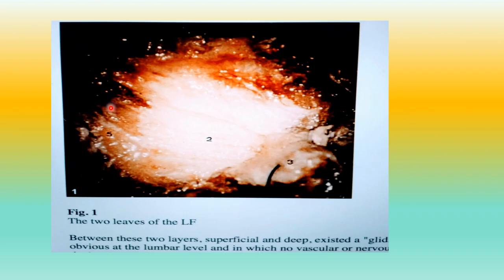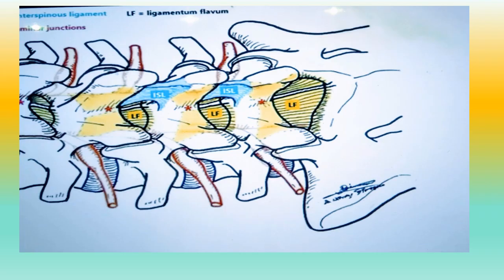It is on the undersurface of the upper lamina, and this is a beveled attachment, one above the lower lamina and the other anterior to the lower lamina. This is the whole ligamentum flavum. The upper corner points toward the exiting root, while the lower corner points toward the traversing root.